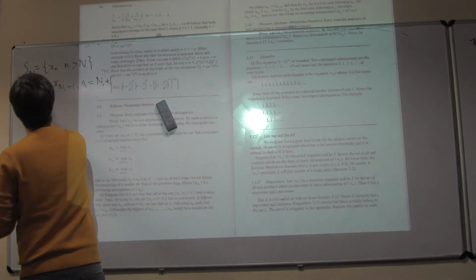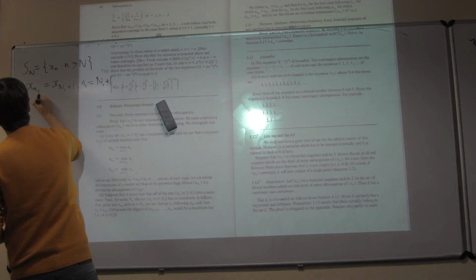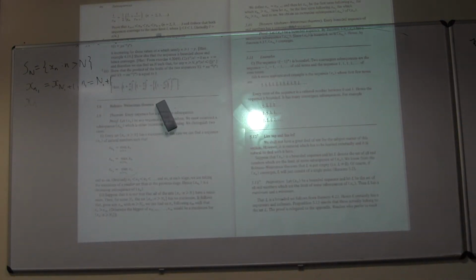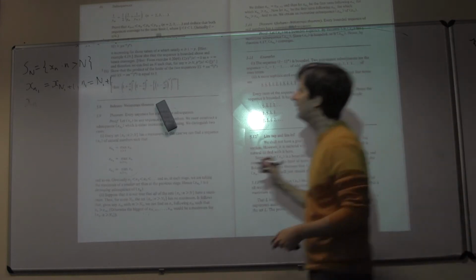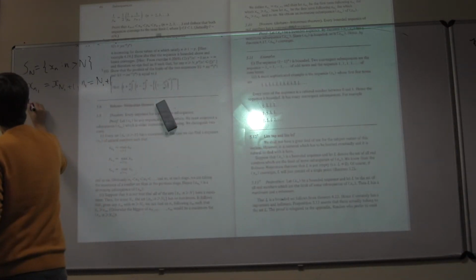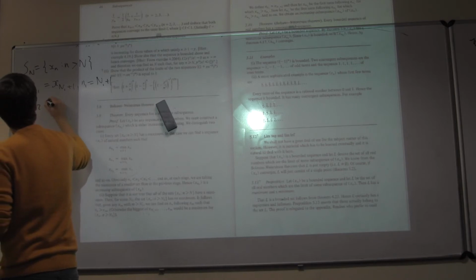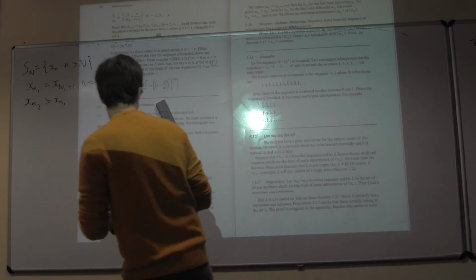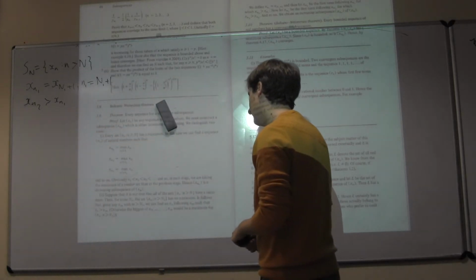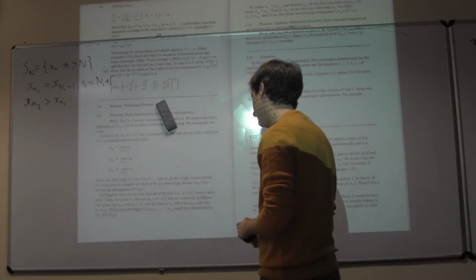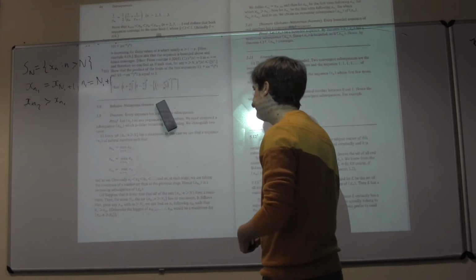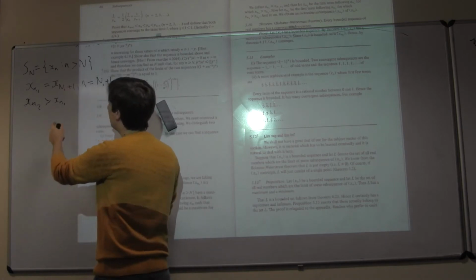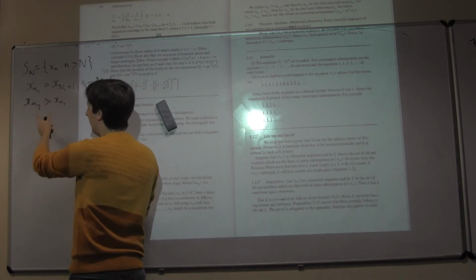So eventually there's another term x_n2 where x_n2 is strictly greater than x_n1. I think that's all there is, isn't it? Given only x_n. So likewise, now we can do the same thing again.